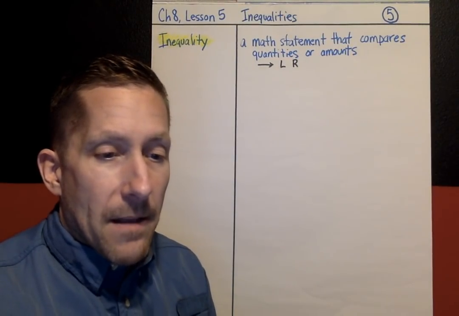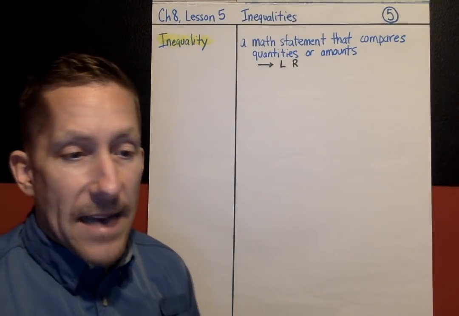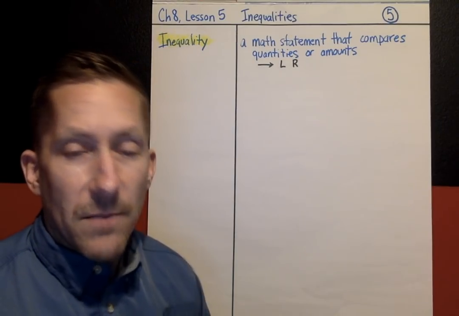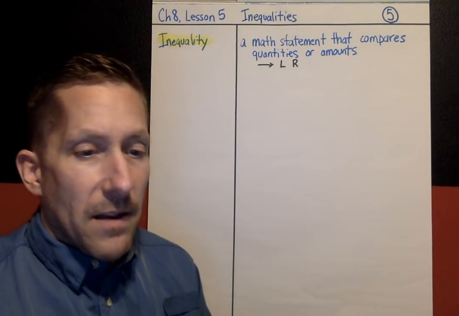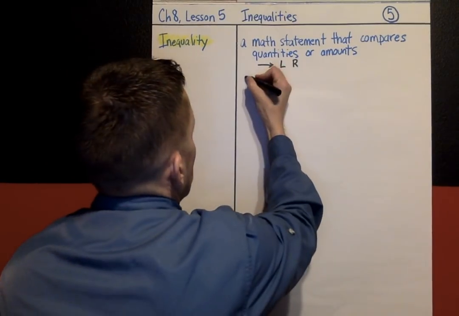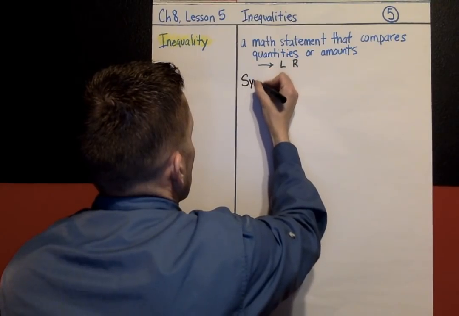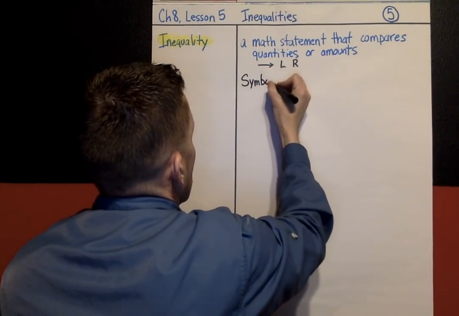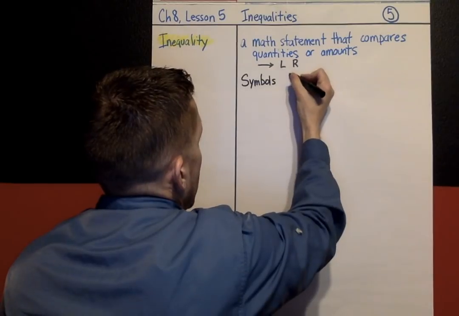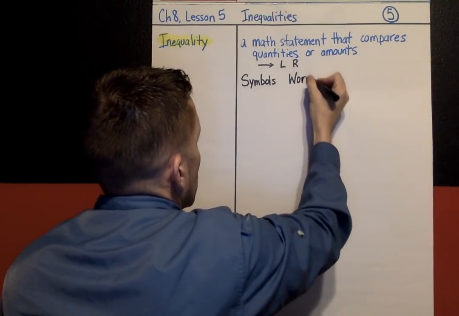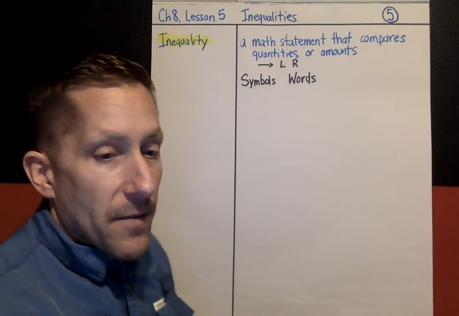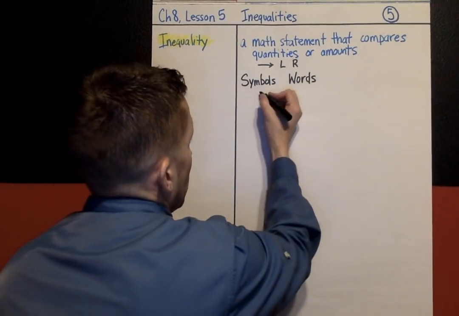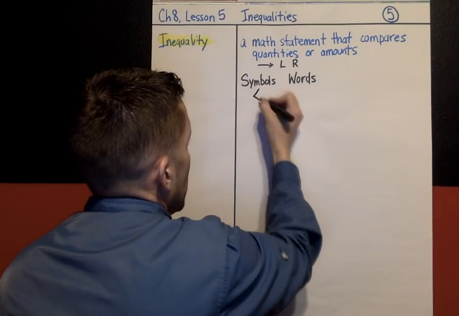And next we're going to look at the symbols for inequalities, and we're also going to translate those symbols into words. So, symbols and words. Okay, the first inequality we're going to look at is this symbol here.